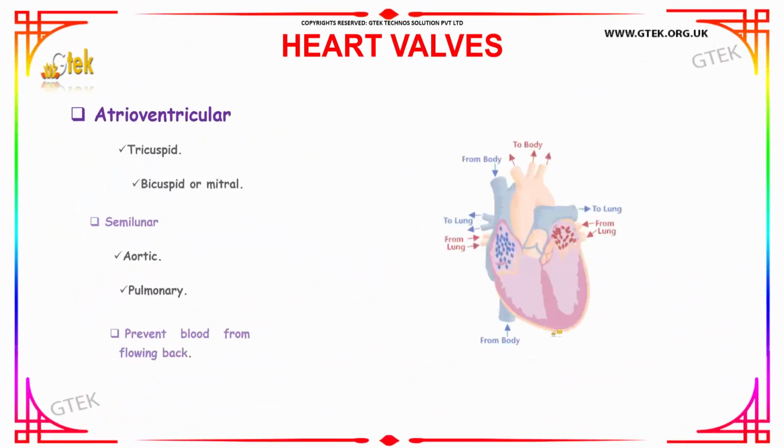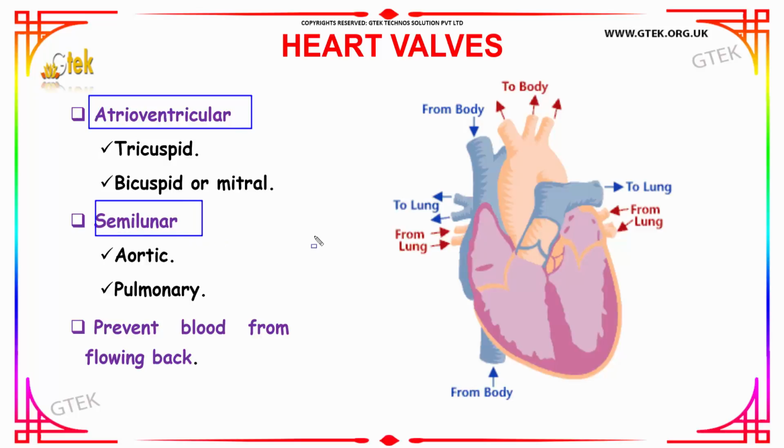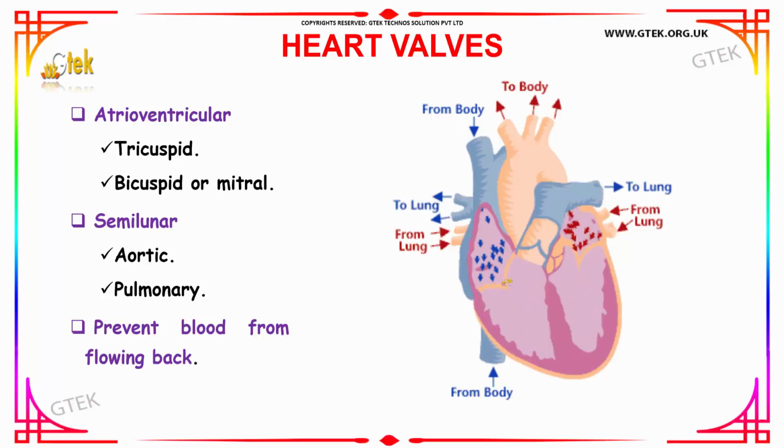First, let us see the heart valves. The heart valves include the atrioventricular and the semilunar valves. The atrioventricular valves include the tricuspid and the bicuspid or mitral valve.